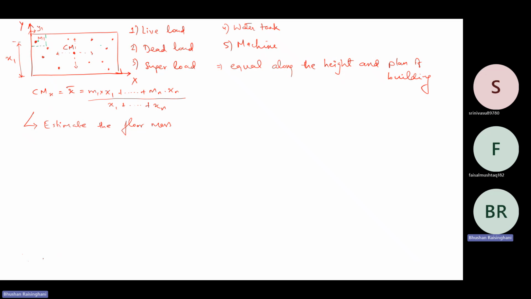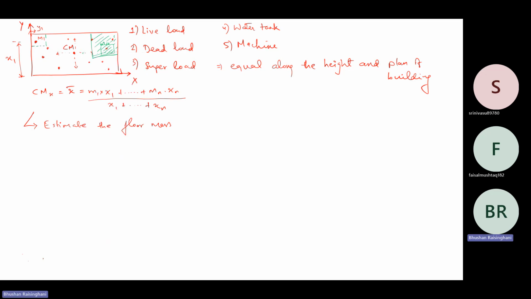So now, if there is, let's say, mx, any value, let's say m10 or 11, whatever. If this is a machine load, and if your load is very high on this particular portion, or let's say this entire chunk is a machine room, so this total load is very high, right? So what will happen? Your CM will shift towards the side where the weight is higher.